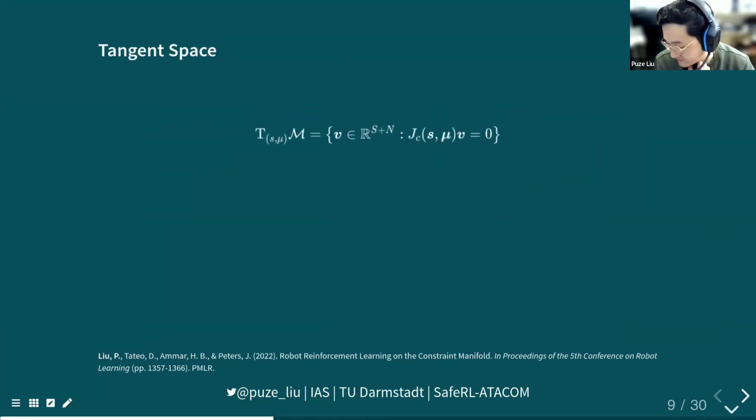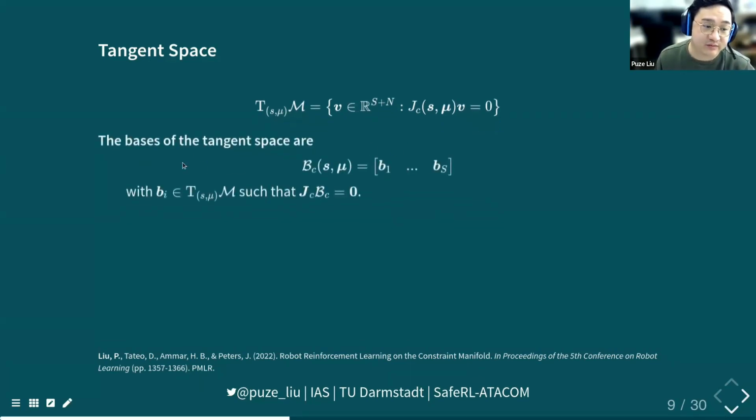So once we have determined the constraint manifolds, the second part we would like to move on to is the tangent space of the manifold. We first need to know what a tangent space is. The tangent space is a linear subspace consisting of vectors v such that the Jacobian of the constraints times v equals 0.